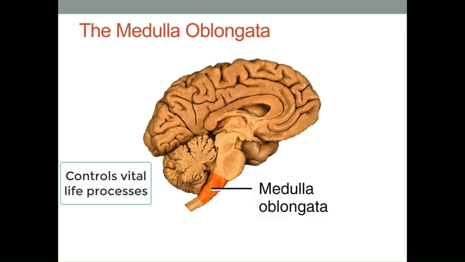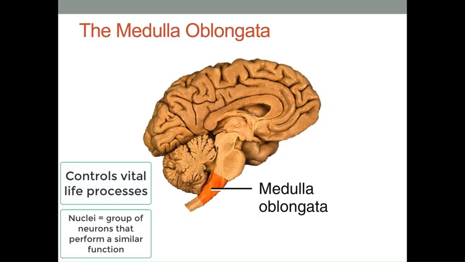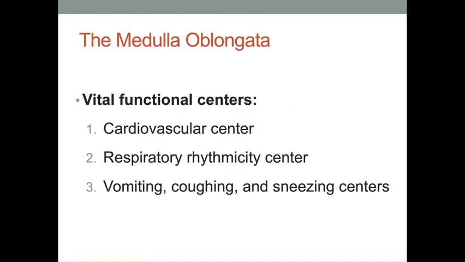And that's not the type of nuclei that we're referring to when we look at neuroanatomy. So for neuroanatomy, a nuclei or a nucleus is basically a group of neurons that perform a similar function. So within the medulla oblongata, there are going to be several nuclei that help control vital life processes associated with normal functioning of our body.